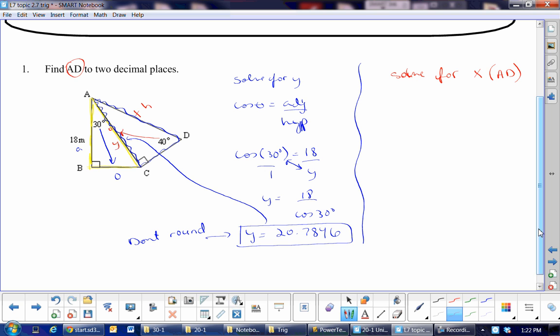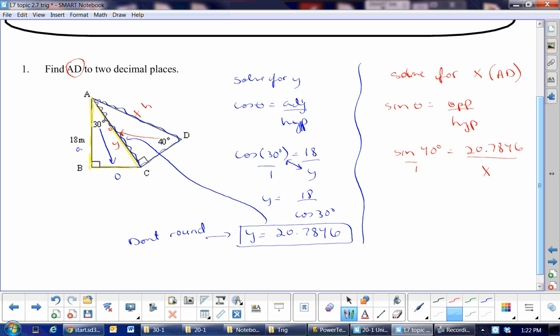So sine theta equals opposite over hypotenuse. Let's fill in everything. Sine 40 degrees equals opposite, which is now 20.7846, over hypotenuse, that's my x.